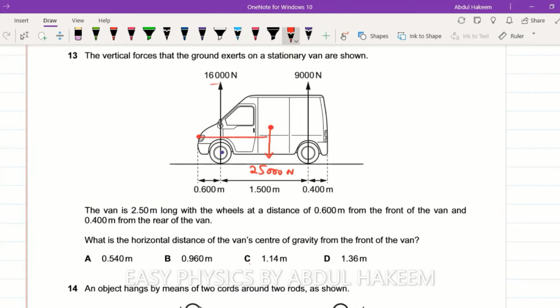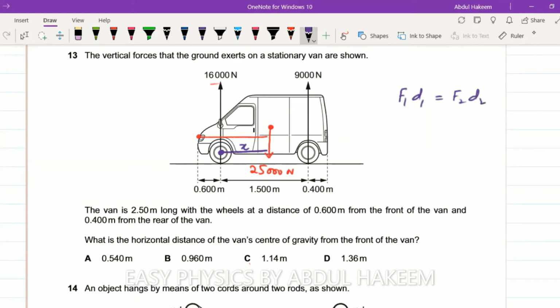So suppose we take this front wheel as a pivot and this distance is x, meaning the distance of the weight from the pivot is x. Now, according to the principle of moments, clockwise moment must be equal to anti-clockwise moment.